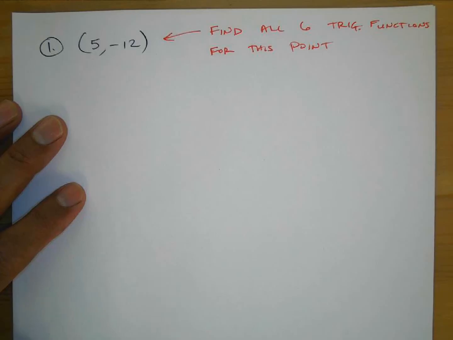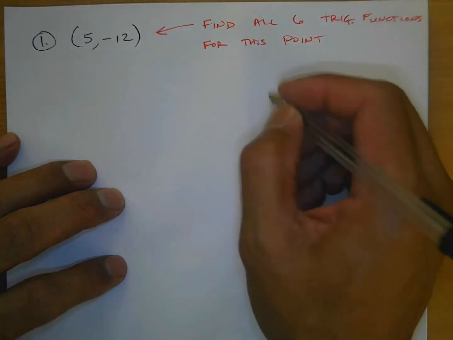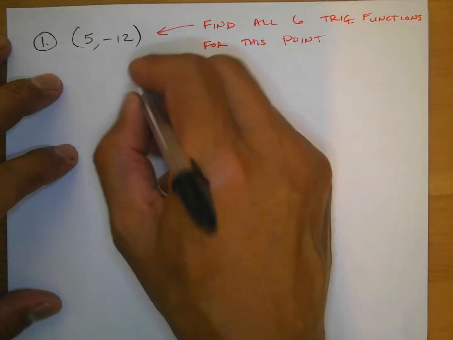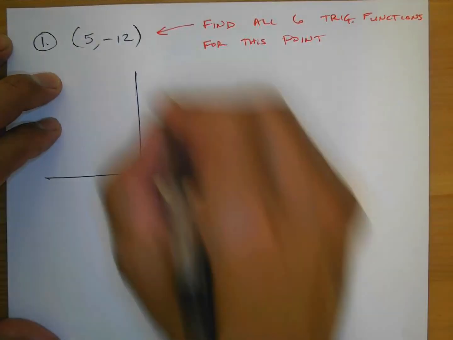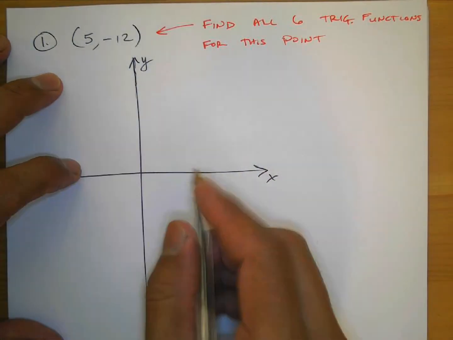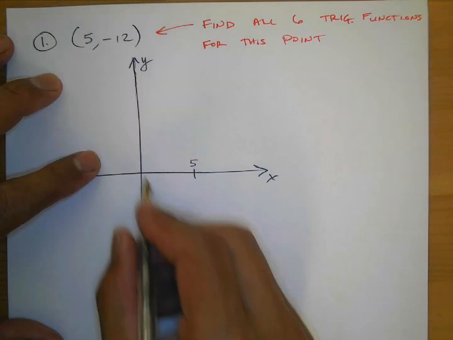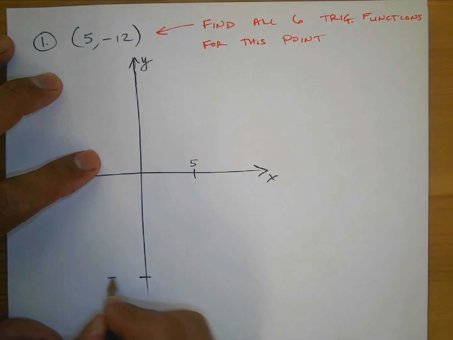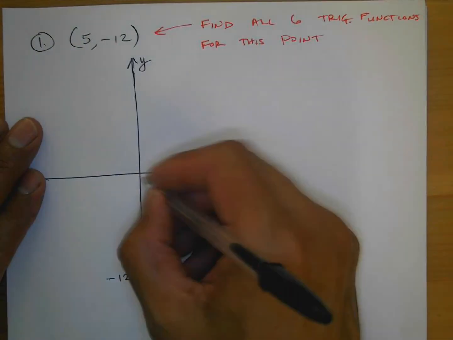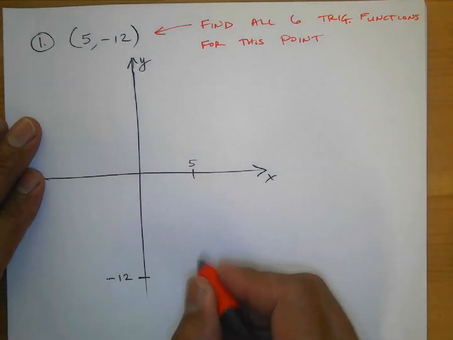Okay, well, again, you've got to sketch this out. You've got to visualize it. Here we go. So 5, -12 is in which quadrant? 5 on the x and -12 over here. That's over here in quadrant what? If you were to plot this, 5, -12 is right here.